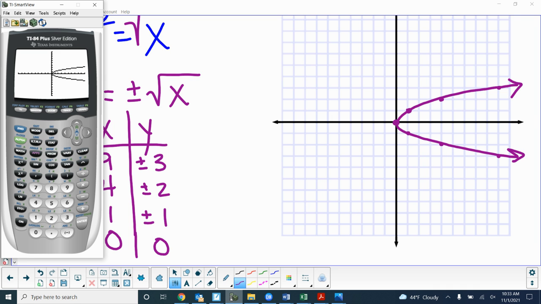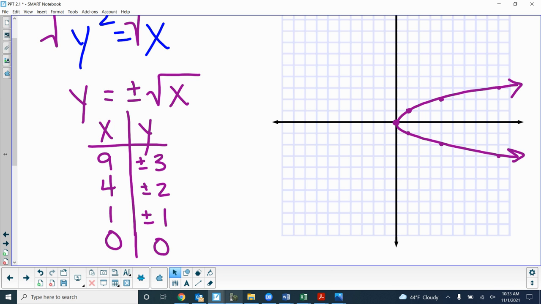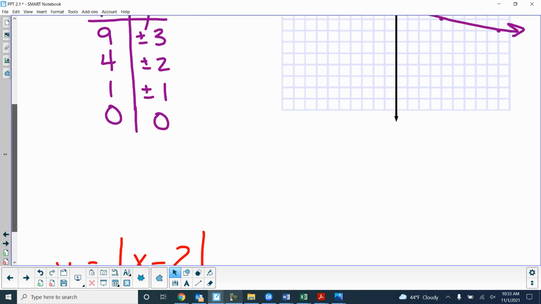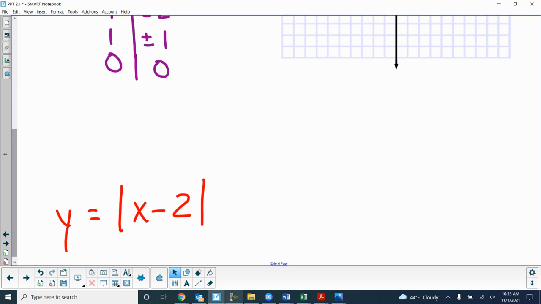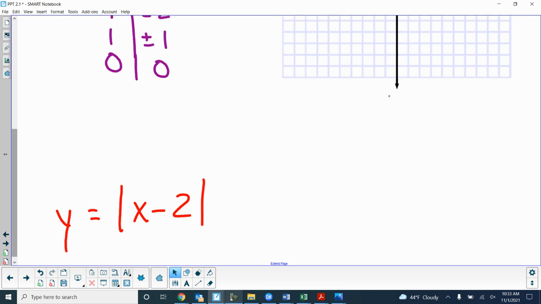So if you're going to do it on your calculator, which is fine with me, just remember you got to do the positive and the negative, a y squared one. Questions? All right. So far, so good, huh? All right, we have another one of these, an absolute value one.